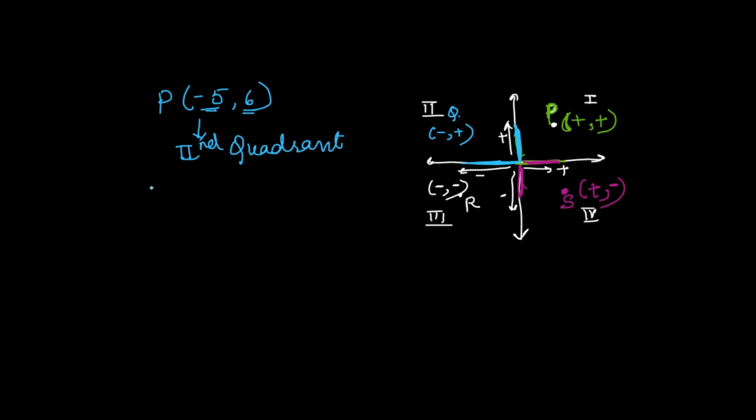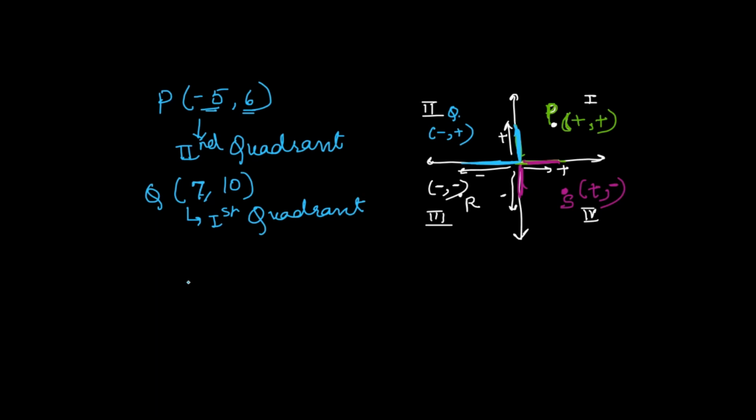Let us take a point Q, (7, 10). Which quadrant will it lie in? Let us think. First is positive x-axis and positive y-axis. It lies in the first quadrant. So just by looking at the sign of the abscissa and ordinate, we can determine in which quadrant our point is lying. I hope this much is clear to everyone.